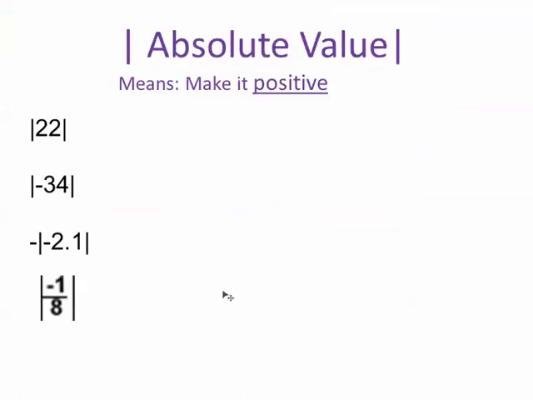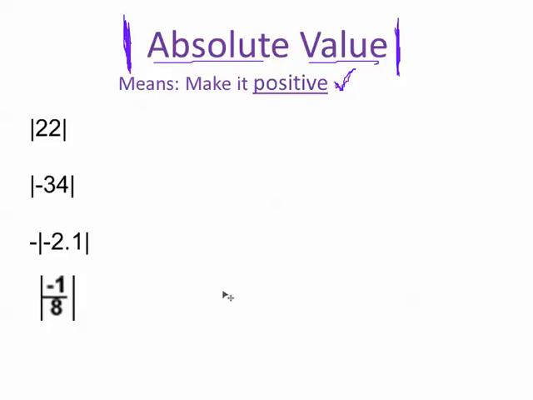We need to learn a new term. This new term is absolute value. Practically speaking, you can say that absolute value means to make what's inside these bars. Those bars are funny, aren't they? Those mean to be there, and they mean absolute value.